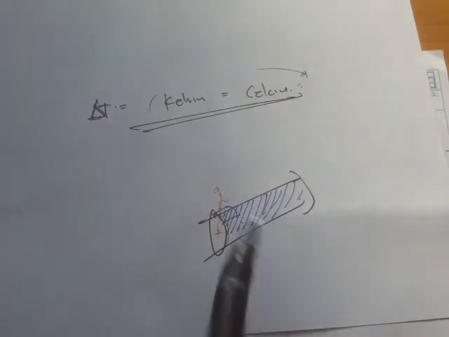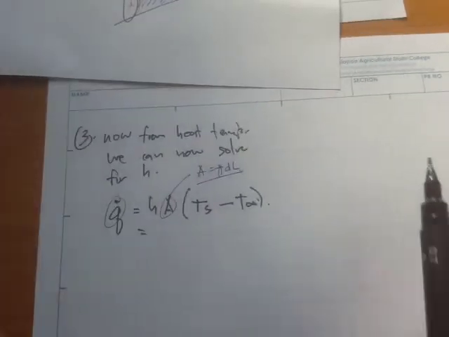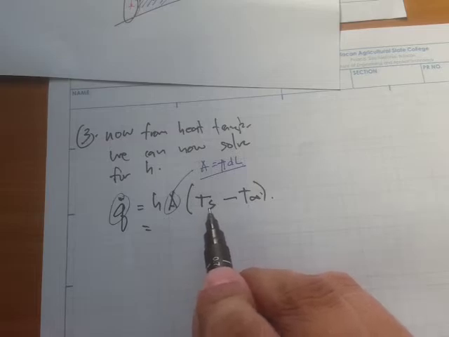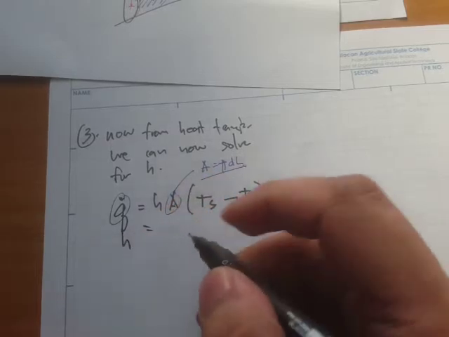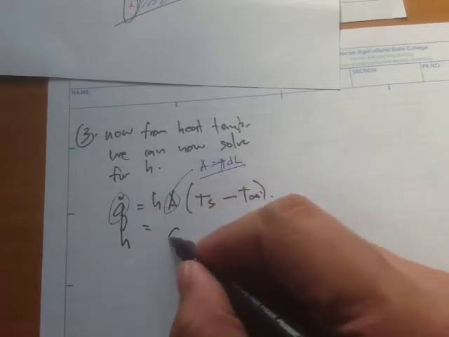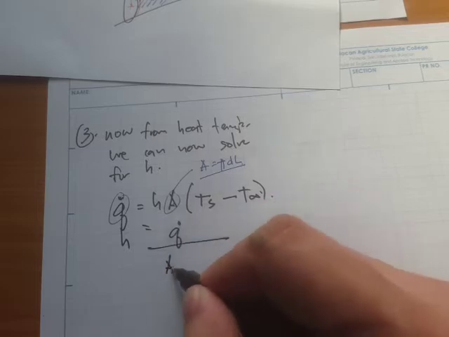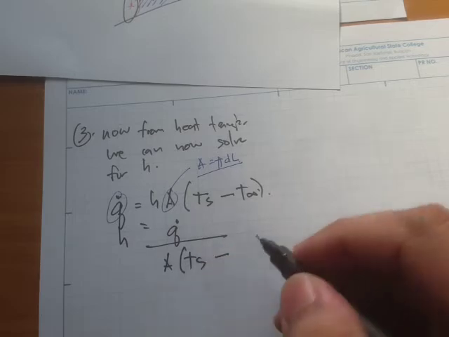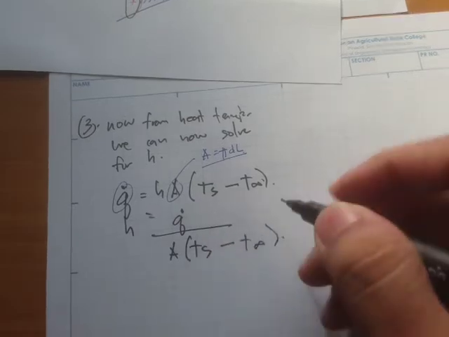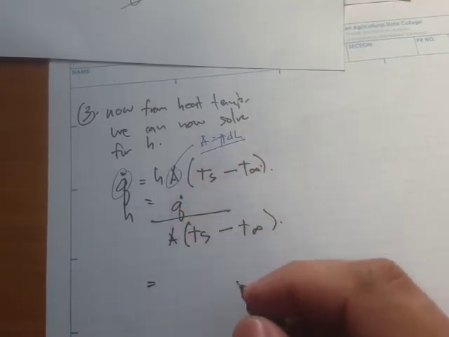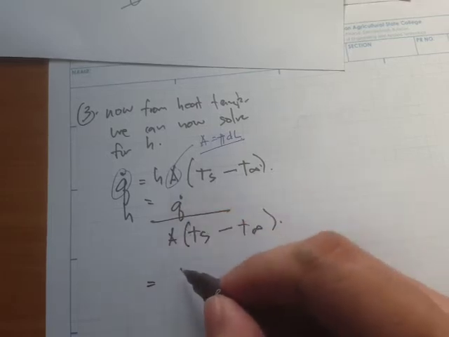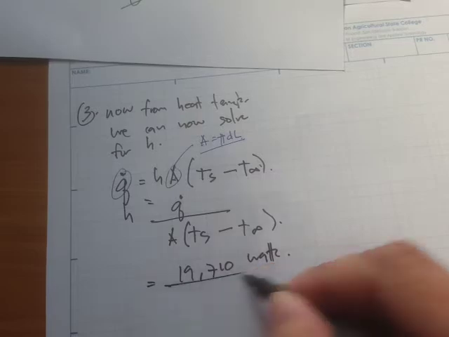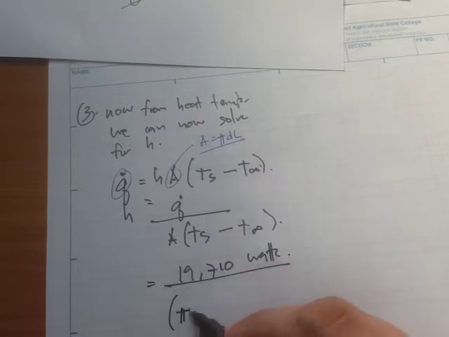Alright, so h is equal to Q dot over A times the temperature difference. What is this Q dot? It's 19,710 watts, right? And the area is simply pi times d.